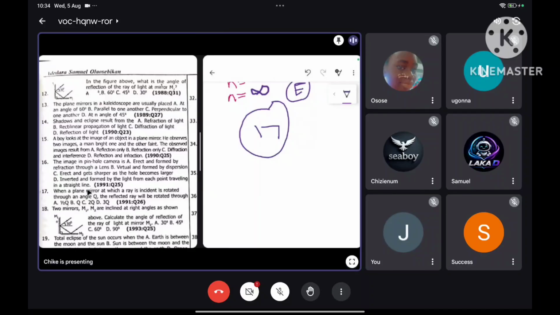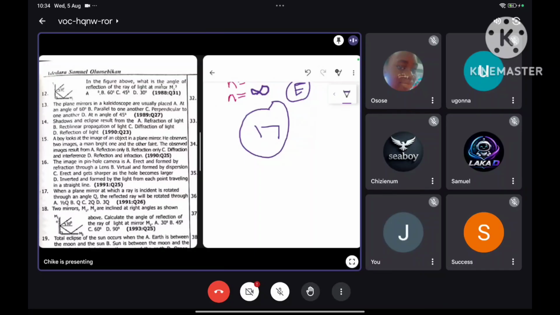Okay. So I was asking us to solve question 17. I said, question 17 says, when a plane mirror at which a ray is incident is rotated through an angle Q, the reflected ray will be rotated through what angle? Is it A, half of Q; B, Q; C, 2Q; D, 3Q?